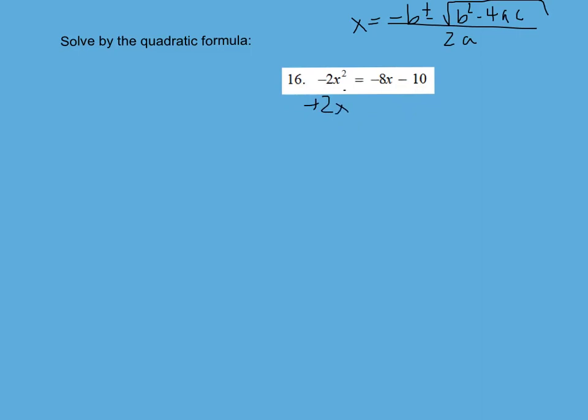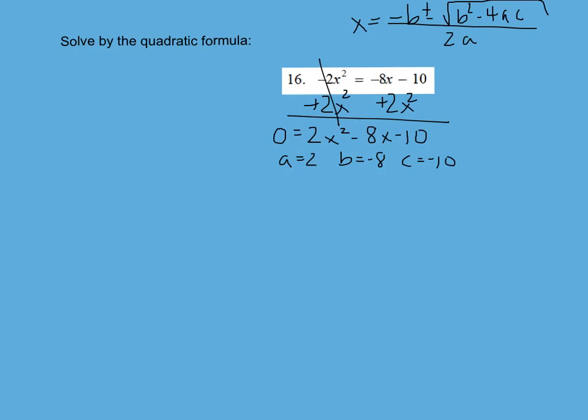So I'm going to add 2x to both sides. So I added 2x, that cancels that, which leaves me with 0 equals 2x squared minus 8x minus 10. Now I have standard form where A is 2, B is negative 8, and C is negative 10.